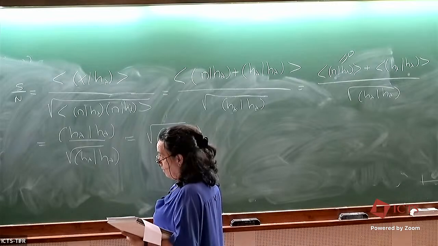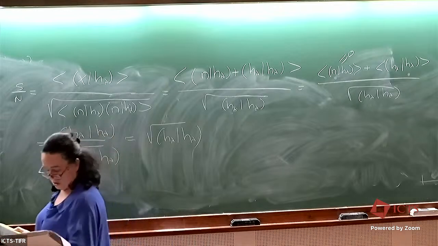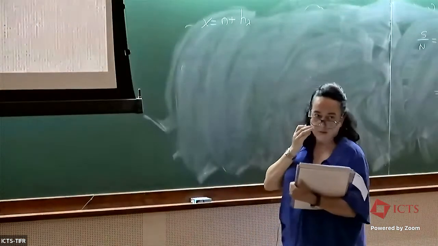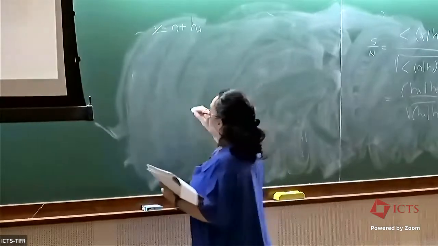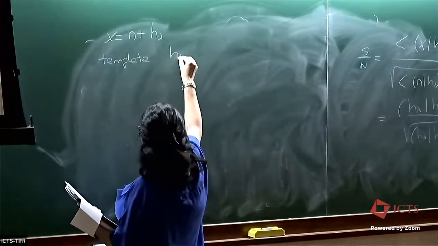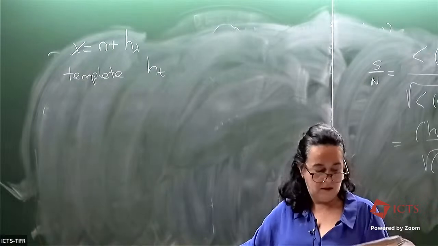Now, the problem is that I do not always know exactly what I am searching for. So my data maybe is the sum of a noise plus a certain signal that depends on certain parameters. But I'm using another signal, a different signal, a template, to search.